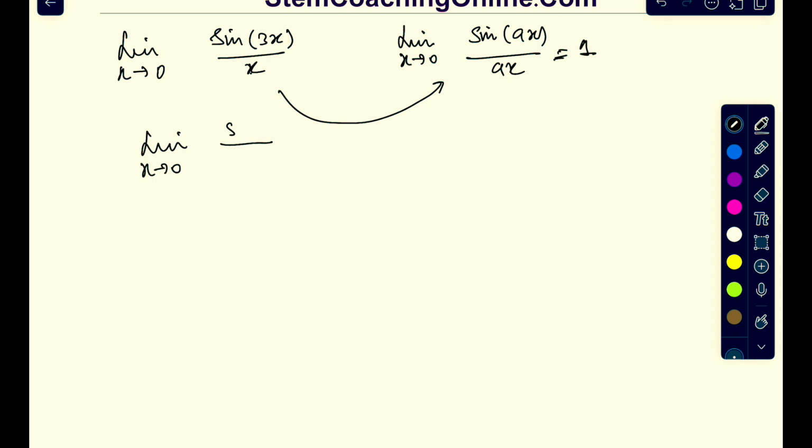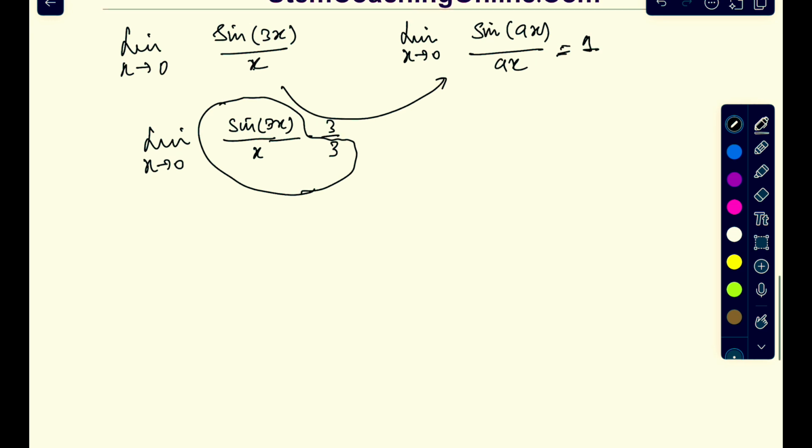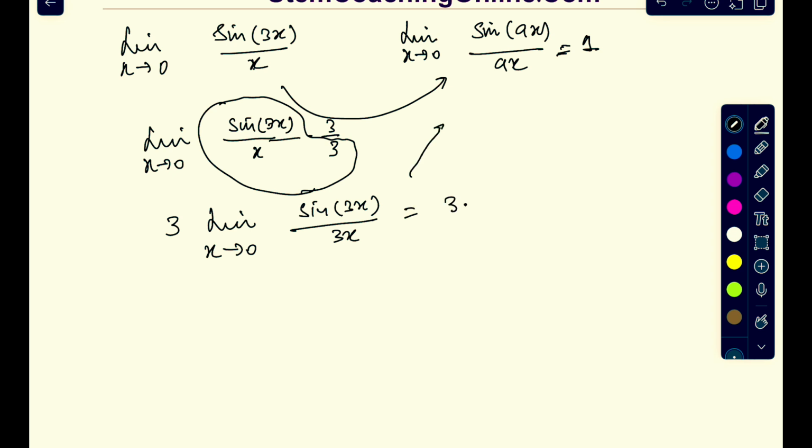We can just multiply both the numerator and denominator by 3. Now, if you look at this expression, we have sine 3x over 3x. So we can take 3 out of the entire expression. We get 3 times the limit as x approaches 0 of sine 3x over 3x, and from this we know that this is nothing but 1, so 3 times 1, which is 3.